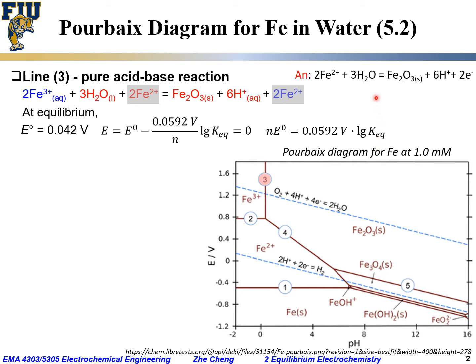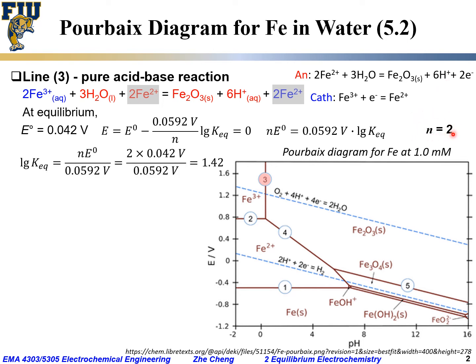Again, remember earlier we said this overall reaction can be separated into anodic half cell, iron 2 plus giving out electron to form iron 2O3 solid, and the cathodic half cell, which is iron 3 plus combined with electron to form iron 2 plus. And the number of electrons transferred would be 2, because to add them up, you have to multiply the cathodic half-cell reaction by a factor of 2 to cancel the electron, which means the overall number of electrons transferred would be 2.